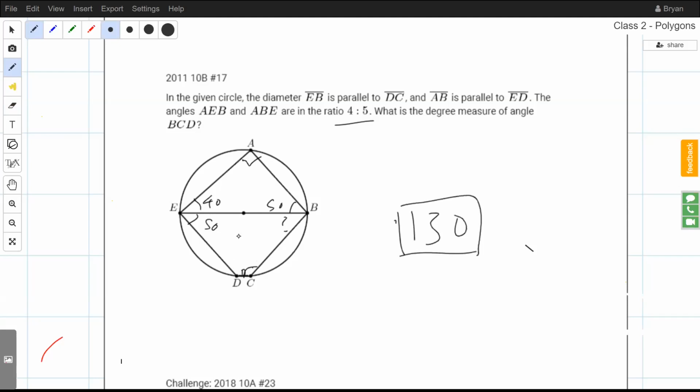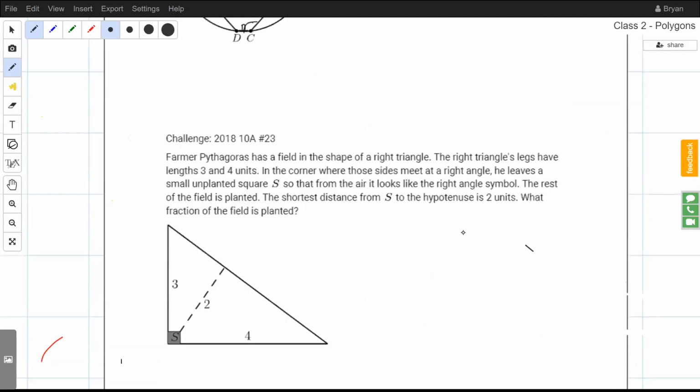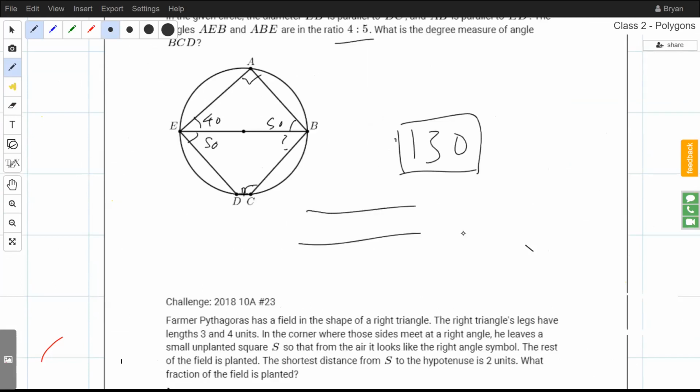However, I did have a question, which was why EDC is 130. I'm just going to redraw like this, where the top line is EB, the bottom line is CD, and ED is this transversal right here. And we're basically taking this angle and this angle. From the parallel line property, this angle right here is equal to this other angle.